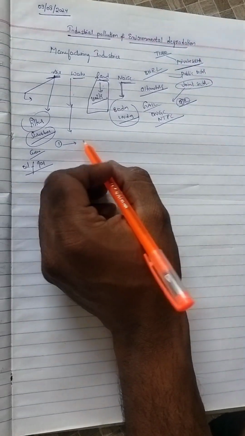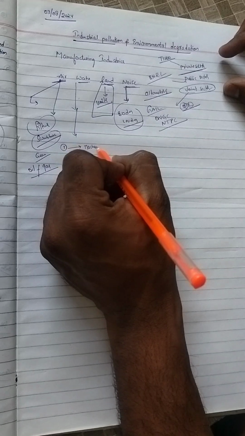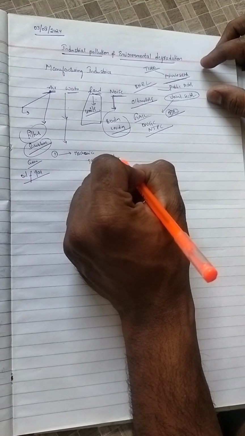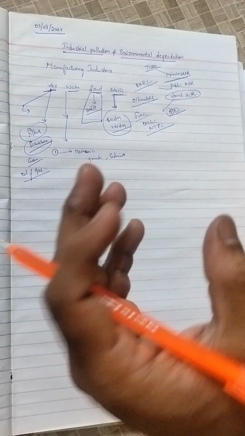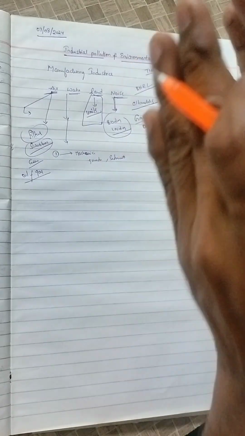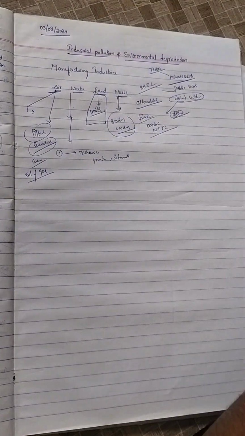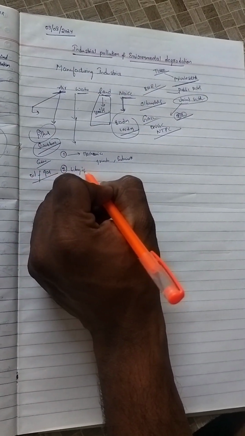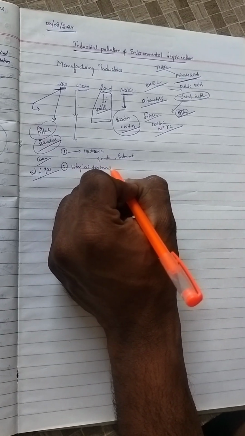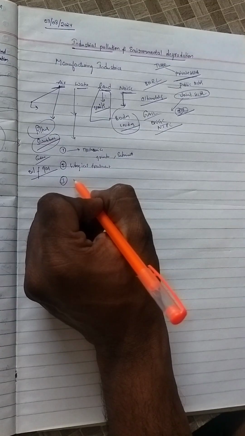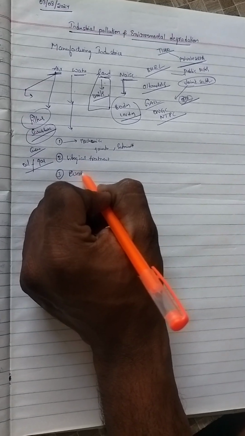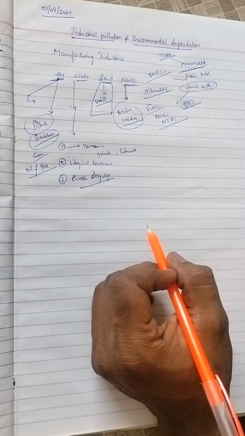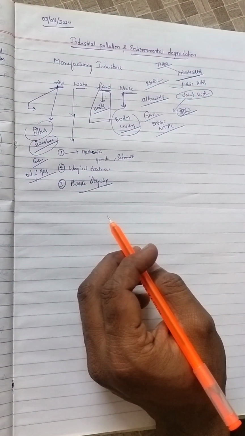First one is the mechanical process, meaning grinding and sedimentation, where the small particles in the water are kept at the industry and only pure water goes outside. Second one is biological treatment. Third one is water recycling. These are the techniques for reducing industrial pollution.